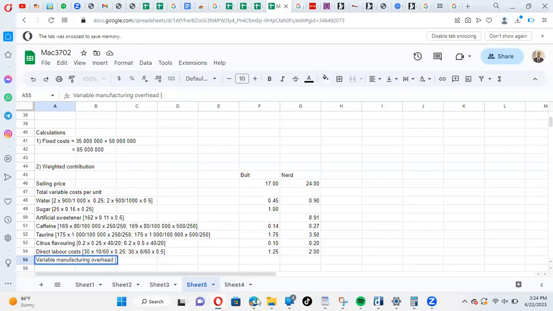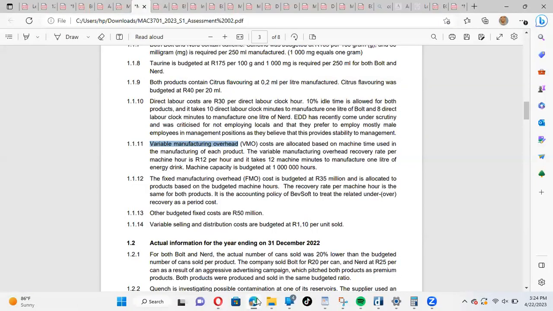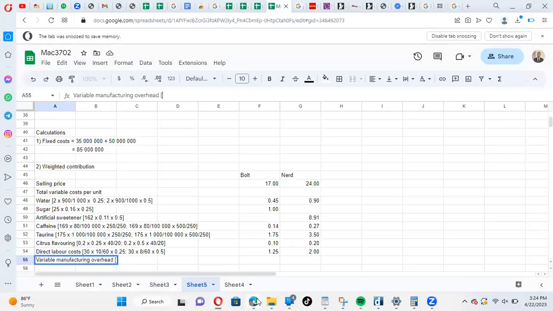This one is going to be 12 times 12 divided by 60. It's 12 rands per hour, it takes 12 minutes, so 12 over 60 times 12 times 0.25. And then 12 times 12 over 60, the same for both of them, times 0.5 for the other one.